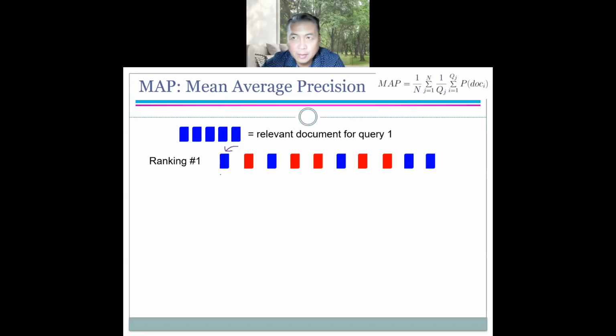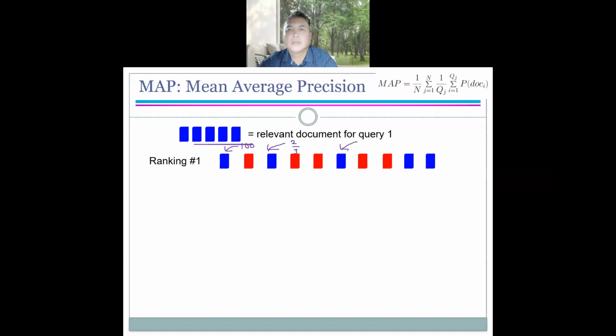At this position, 100. Okay, 1 out of 1, so 100%. This one, 2 out of 3, so 66.7.